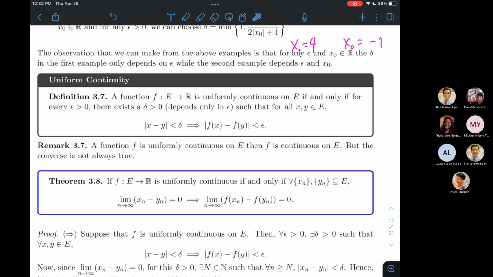Which reminds me of the Cauchy sequences na nagiging magkakalapit na sila sa dulo. Right? So, yun pala yung sinasabi ng uniform continuity. Kung gusto mo na yung mga function values ay magiging magkalapit na magkalapit, alright? Kaya mong i-require yon by saying na yung mga x's dapat ay magkakalapit din sa isa't isa. Okay?